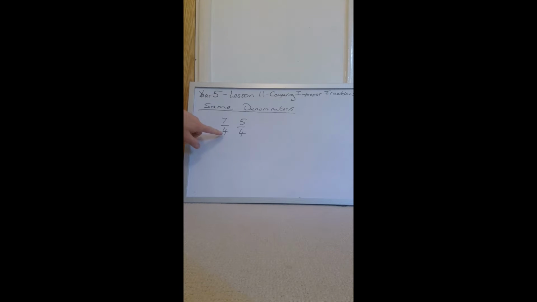So because they have the same denominator, you simply need to look at the numerator, and it's a case of which number is the largest, in which case you can see here that 7 is greater than 5. So I know that 7 quarters is a greater fraction than 5 quarters, and I need to put in a symbol to show that.